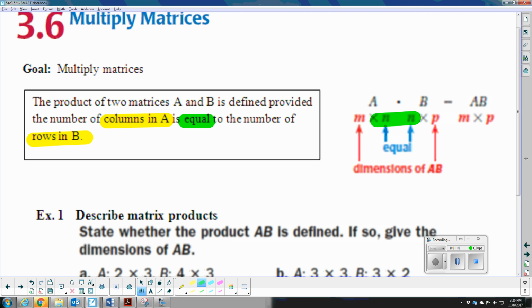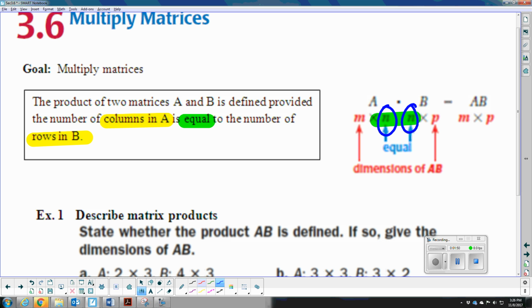So A is going to be m by n, B is going to be m by n, but n in A has to equal m in B. So we're saying that the columns in A have to be the same as the rows in B. If that's not true, then we cannot multiply these matrices together.